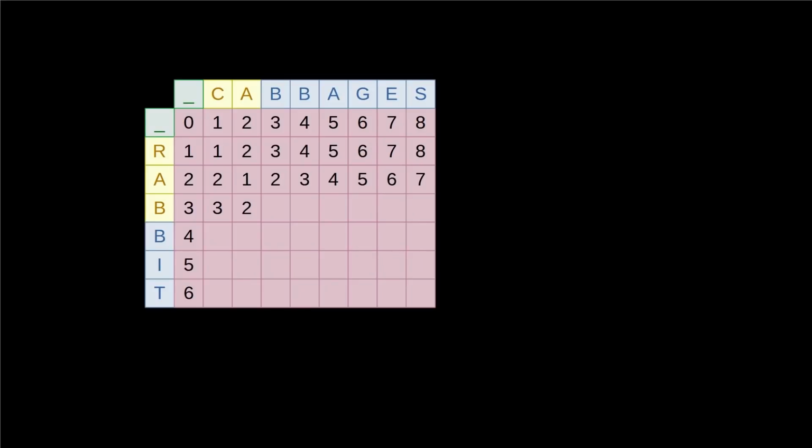But things get slightly more interesting thanks to the brilliant code by someone called Mr. Martin Ettel on Rosetta Code. You can actually code this with 1 row and just a couple of extra variables. I'll leave a link to the Rosetta Code. If you think about it, when you're computing the Levenshtein to something, say this 2 just here, so CA, we're transforming the string CA into the string RAB.